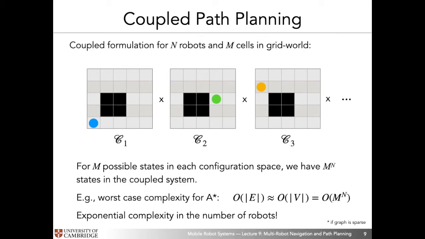And so what we can derive from this is that computing solutions for these multi-agent planning problems has an exponential complexity in the number of agents that we're including in these systems. Okay? And so clearly this becomes intractable very quickly as we increase the number of agents for which we're trying to plan solutions.